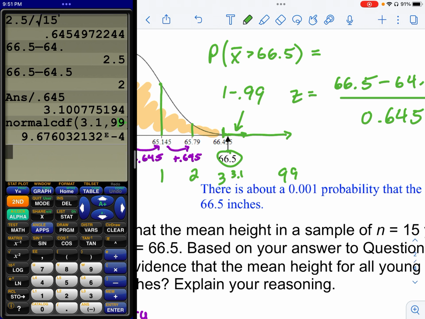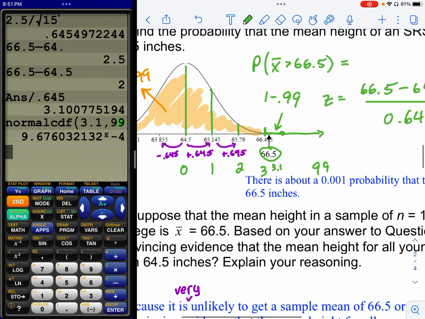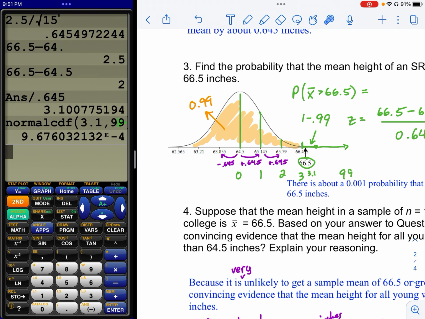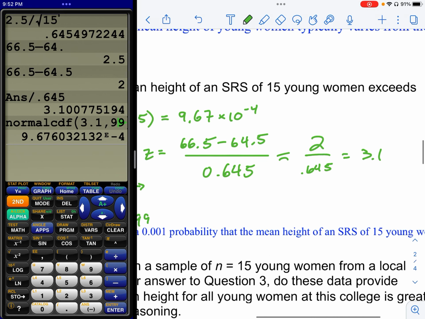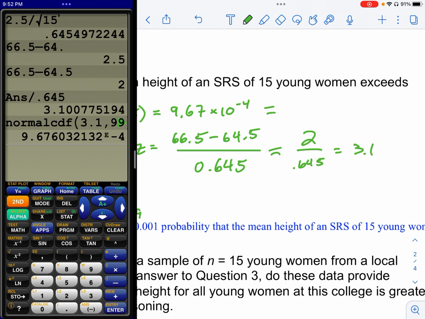So wow, that's even smaller than what I was getting from my green packet. So what that is, scientific notation, we could jot that down. We can take it all the way. So this would be 9.67 times 10 to the negative 4, which if we move our decimal four places over to the left, we got 0.000967.